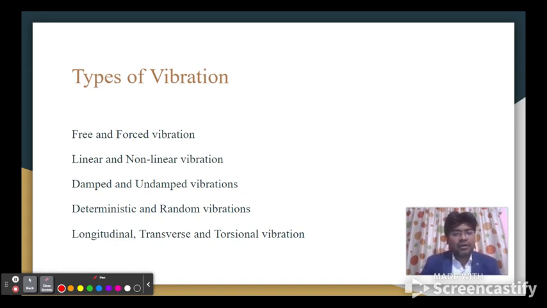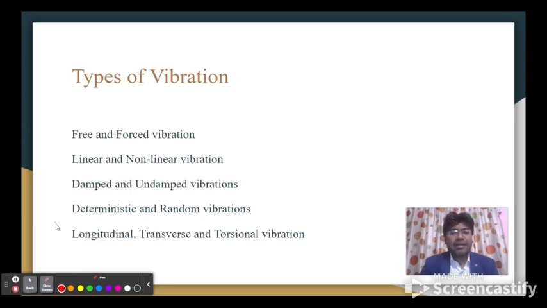Now, linear and non-linear vibration. If the basic components of a vibrating system, namely the spring, mass, and the damper, behave in a linear manner, the resulting vibration is known as linear vibration. And non-linear vibration: if any of the basic components of the vibratory system behaves in a non-linear manner, the resulting vibration is called non-linear vibration.